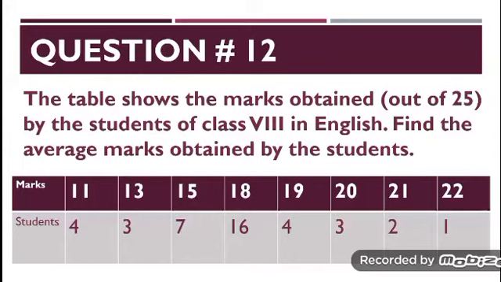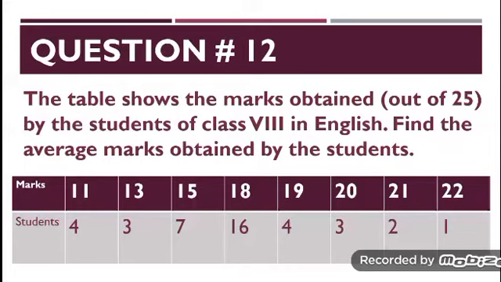To find out the total marks of all the students, we will find out the products. Which products? We will multiply 11 and 4, 13 and 3, 15 and 7, 18 and 16, 19 and 4, 20 and 3, 21 and 2, 22 and 1.